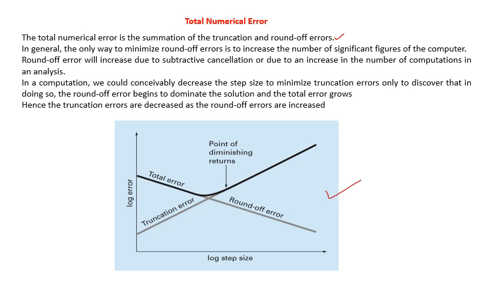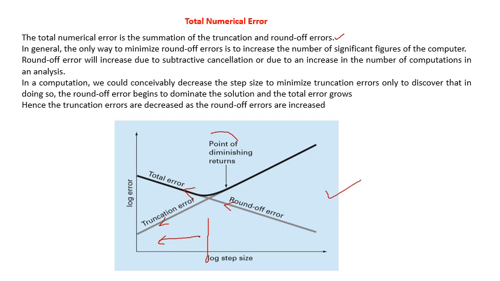So in this diagram you can see this point of diminishing returns, and this is the step size. Okay, so when we reduce the step size, the truncation error will go down, because we are adding more terms to the Taylor series. But at the same time, when truncation error is coming down, the round off error is going to increase, this curve.